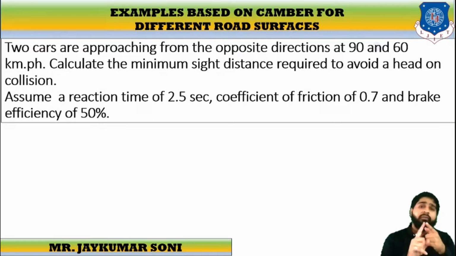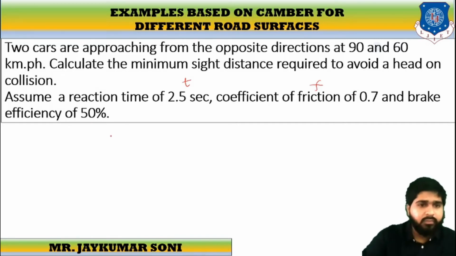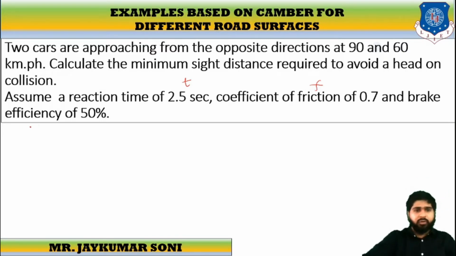Then we have to calculate the minimum SSD to avoid the head-on collision. We are given t is equal to 2.5 seconds, f is equal to 0.37, and brake efficiency is 0.5.